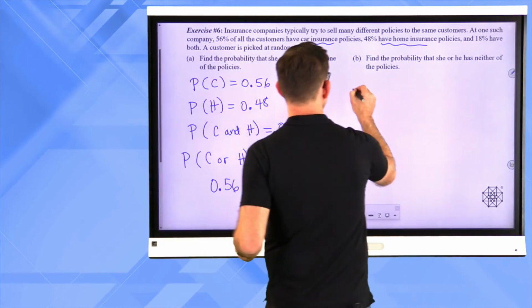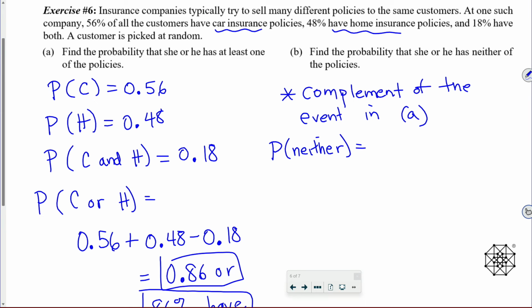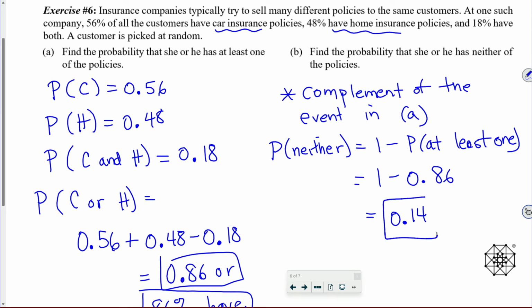So this is the complement of the event in A. So the probability neither is 1 minus the probability of at least 1, which is going to be 1 minus 0.86, and that's 0.14, or 14%.